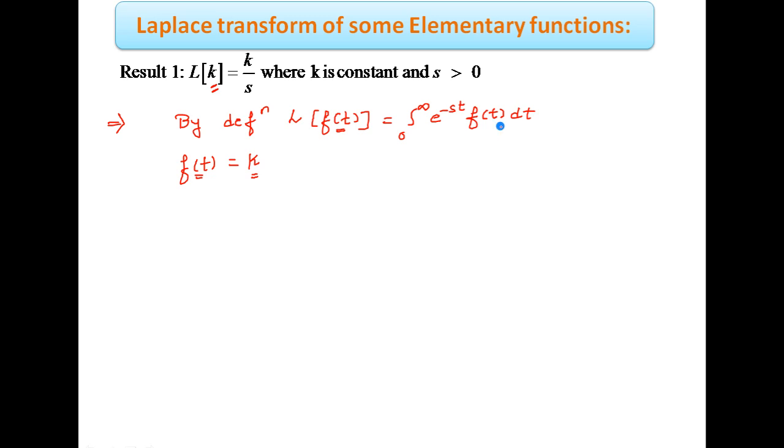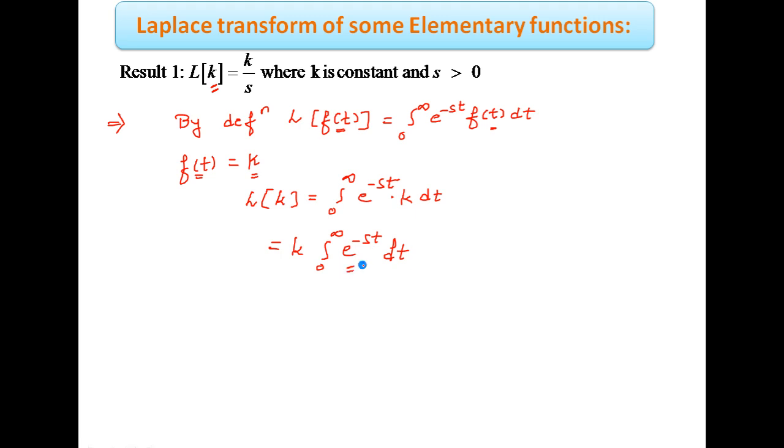Now putting this value of f of t in the definition, we get Laplace of k is equal to integration 0 to infinity e to the power minus st into k dt. But k is a constant with respect to integration, so we can keep it outside: k times integration of 0 to infinity e to the power minus st dt.